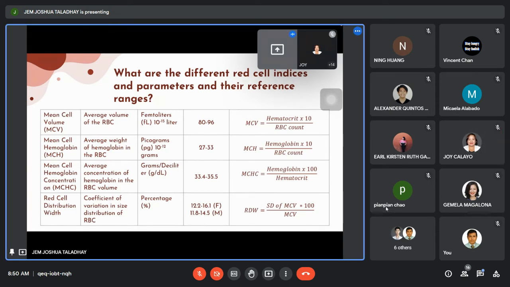I think, ma'am, they could all contribute to the diagnosis or identification of iron deficiency anemia, but I think it's more of the MCH, or the mean cell hemoglobin, because it is a measure of the average actual weight of hemoglobin in the RBCs po.